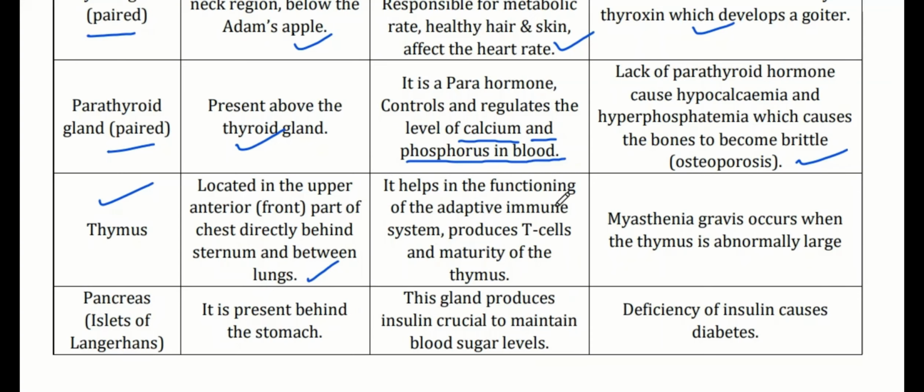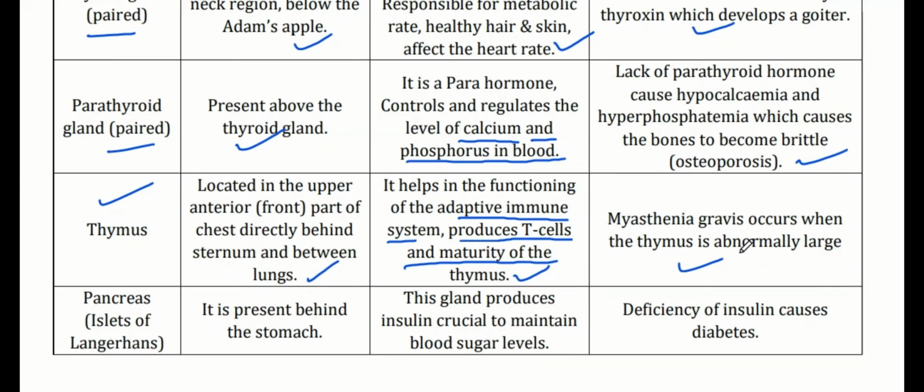It helps in the functioning of the adaptive immune system, and it produces T cells and the maturity of the T cells. If there is a disorder, what can happen? Myasthenia gravis occurs when the thymus is abnormally large. Again I am repeating, myasthenia gravis occurs when the thymus is abnormally large.